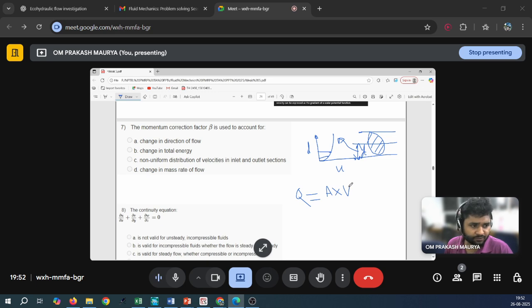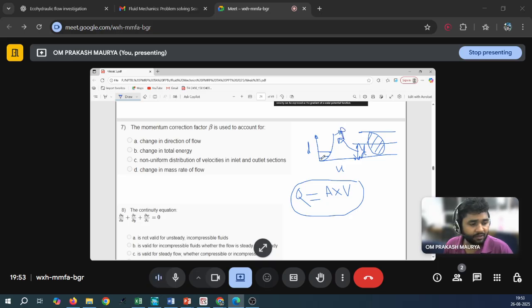The velocity you use here should be the average, but you know the velocity varies from point to point, from your wall to the midsection in the pipe. Considering this, let us assume fully developed laminar flow, so it is parabolic. This is your parabolic graph.